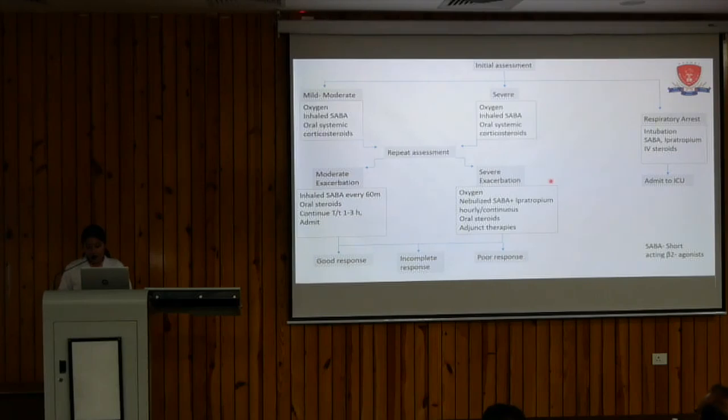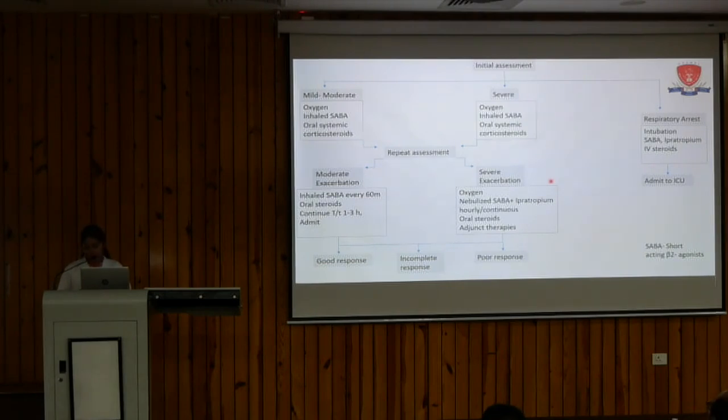After which, reassessment is done, the resolved patient is discharged, and the rest are classified into either moderate exacerbation or severe exacerbation. In moderate exacerbation, inhaled SABA is given every 60 minutes along with oral corticosteroid. This is continued for 1 to 3 hours.